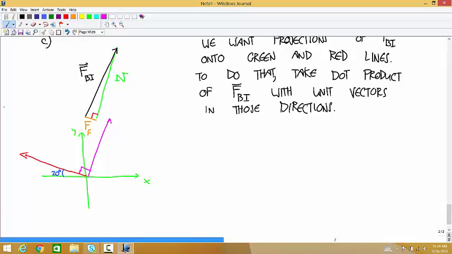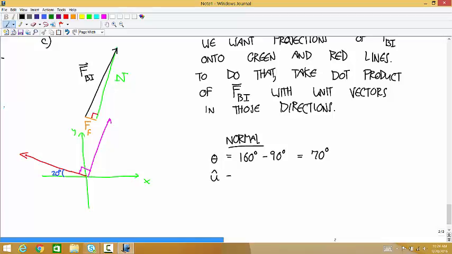That red is in the same direction as the orange line there, and the purple is in the same direction as the green line. So we just need unit vectors representing those two things. So let's do the normal force first. The red line is the incline. So theta is equal to 160 minus 90, so 70 degrees.